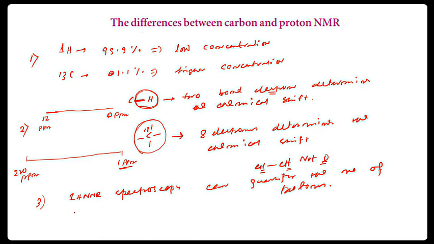But for carbon, it is only 1%. If this is 13C, the probability that the next carbon will be 13C is like 1.1% or less, because its abundance is very low. If it is one 13C, the probability that the next is also 13C is very low.